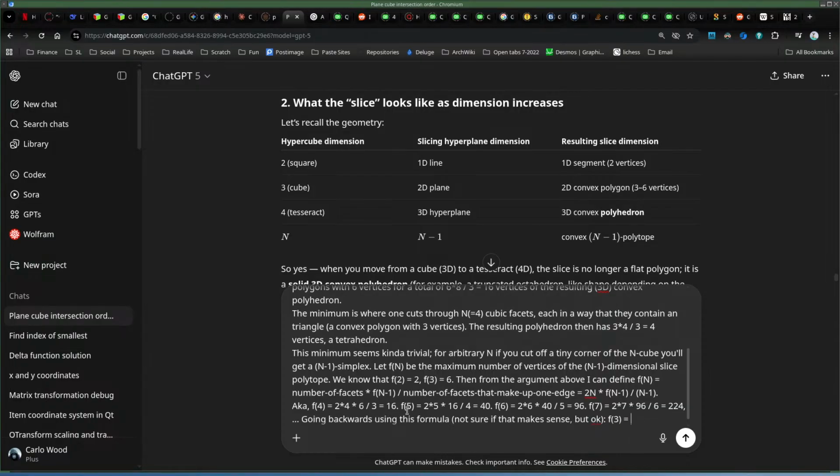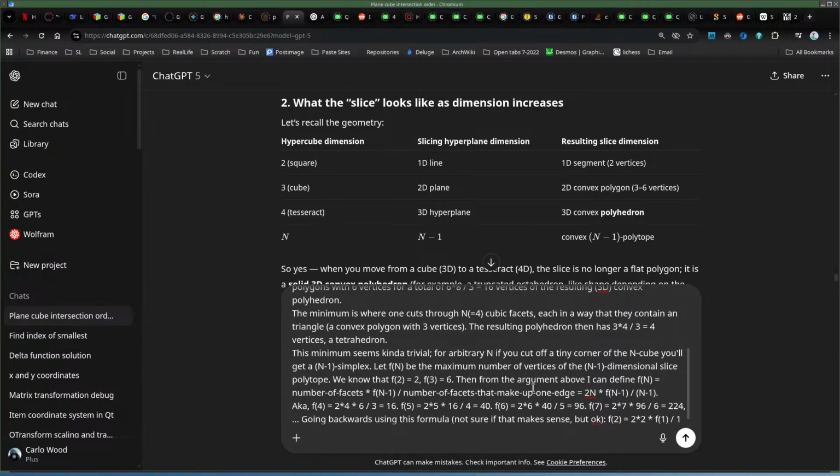So F3 is... sorry, we must start with F2. It's 2 times n, times F1, divided by... we divide by n minus 1. But okay, at the very least F1 must be 1.